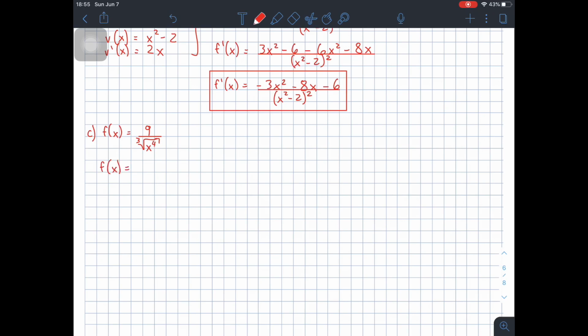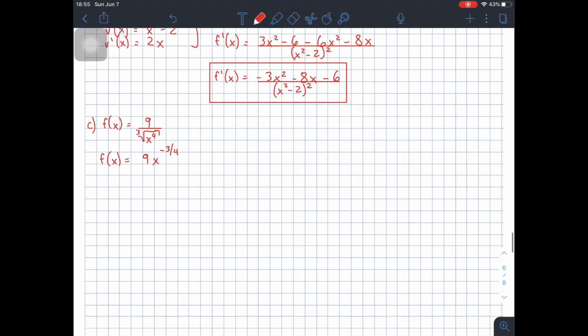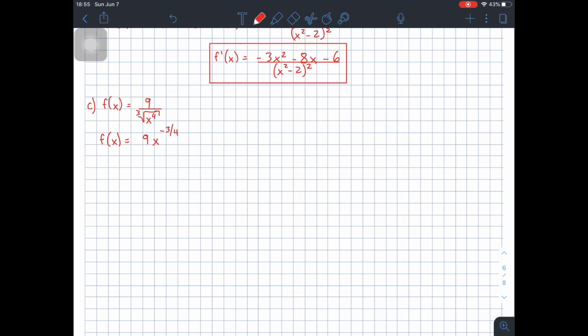So this is equal to 9 times x to the power of negative 3/4, right? Remember, the index in the radical is in the denominator and the exponent inside the radical is in the numerator. Once we have written it that way, we can directly apply the power rule.